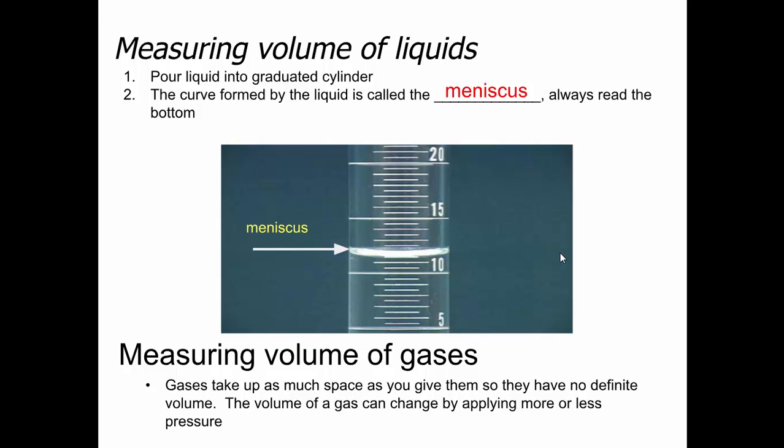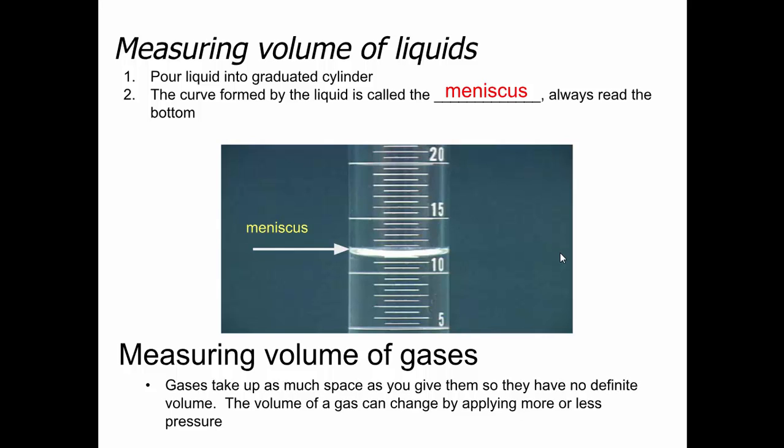One of the things is that with different graduated cylinders, each line is worth a different value. On a large graduated cylinder, each line is worth 2.5 milliliters. In this graduated cylinder, the small one, each line is worth 0.2 milliliters.